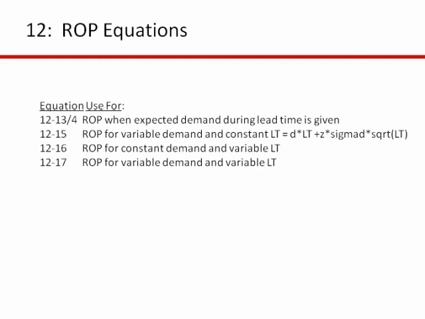The reorder point part does have a lot of formulas, but you just need to read the problem, see what you're given, and select the appropriate formula to solve for either the safety stock or the reorder point.